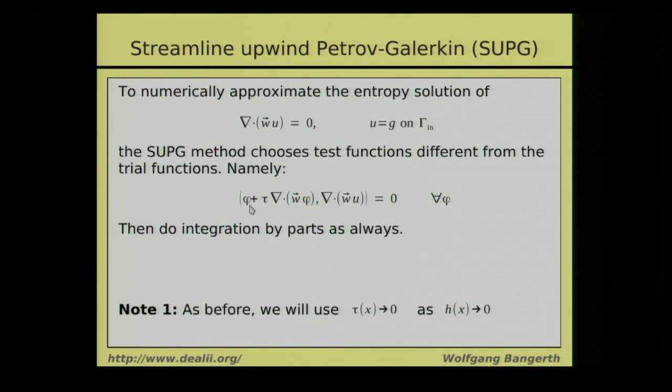Namely, instead of multiplying with phi, you multiply it with phi plus tau times the divergence of w times phi. Okay, so this is the new term here. Then we do integration by parts, as we always do, and this tau here then takes on the role of the artificial viscosity that we had before, and so we let tau go to 0 as h goes to 0.